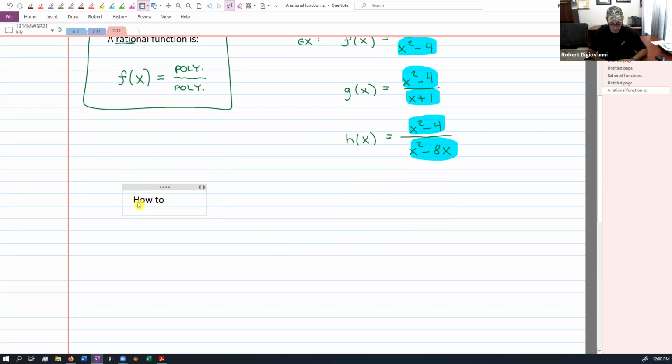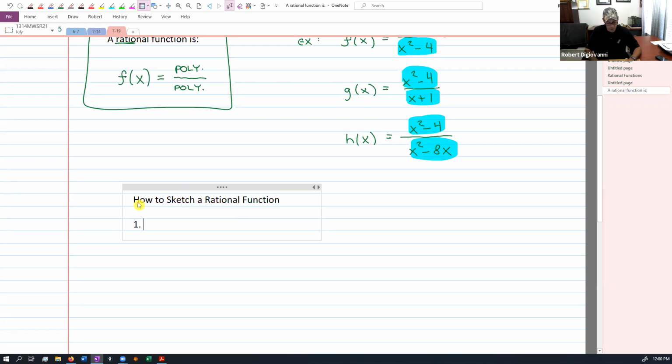How to sketch a rational function. Okay, first step is we're going to find the x-intercepts. So remember with polynomials, we looked at what happens on that table, right? No tables here. You cannot use tables for rational functions. That's only for polynomials.